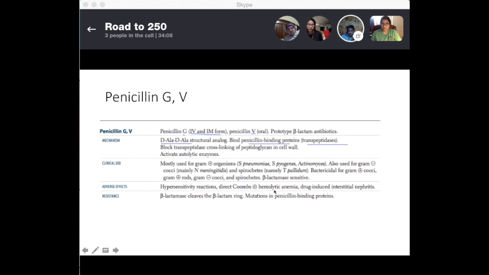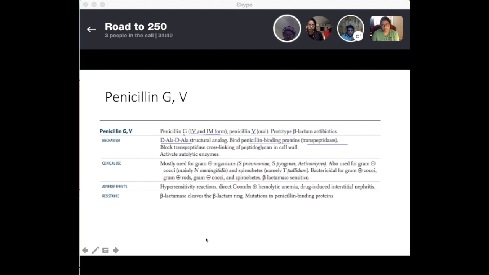As for interstitial nephritis, basically the drug would act as a hapten and elicit an immune response in the kidney, which is a type 4 hypersensitivity reaction, and that will present with fever, oliguria, increased BUN and creatinine, eosinophils in the urine, and white blood cell casts on urinalysis findings. So those are the things here.